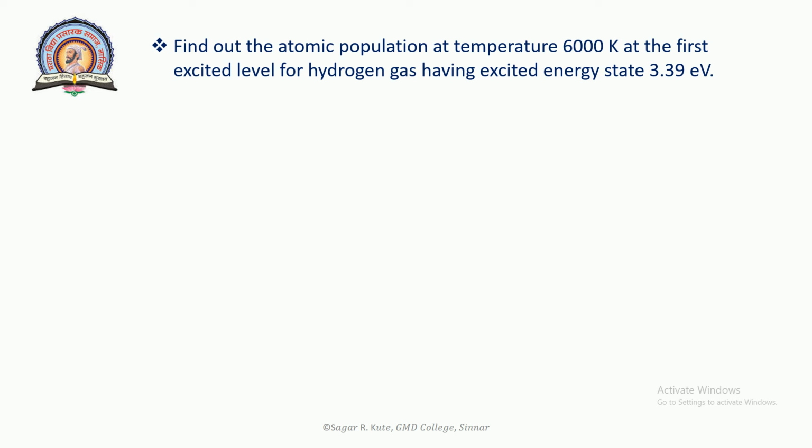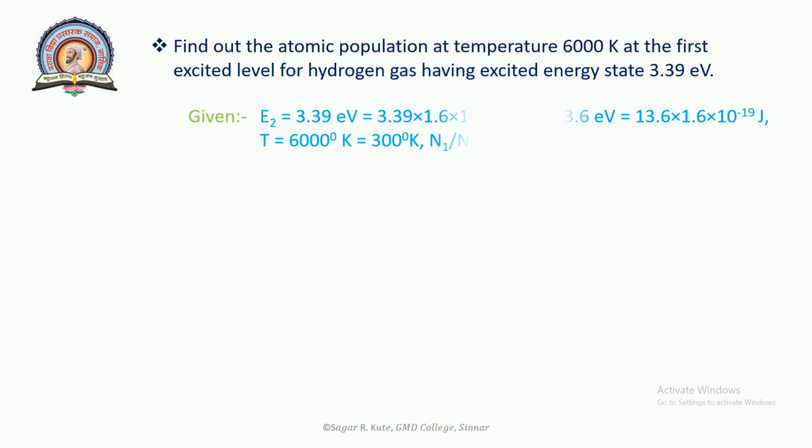In this numerical, E2 is equal to 3.39 electron volt, that is 3.39 into 1.6 into 10 raised to minus 19 joule. E1 is equal to 13.6 electron volt, that is 13.6 into 1.6 into 10 raised to minus 19 joule. Temperature is 6000 Kelvin.